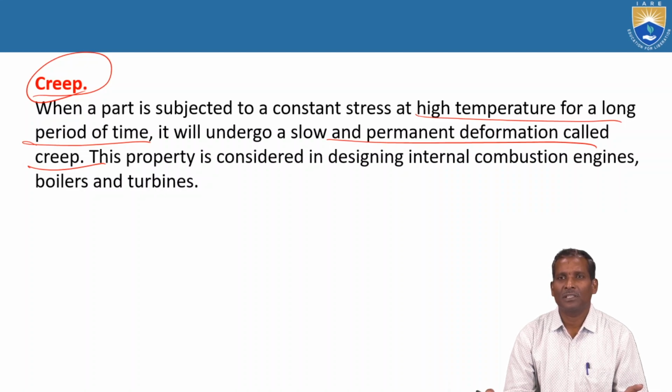In internal combustion engines there are a lot of components: piston, connecting rod, crankshaft, cylinder. All these components are deformed under constant stress at a particular temperature. That's why this property is very useful for automobile engine designs.